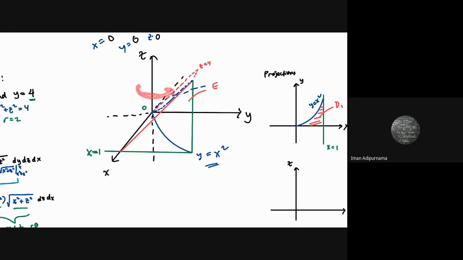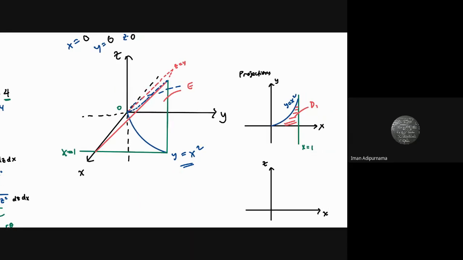So you will see this line will be like that. And this is precisely because z equal y and y equal x squared.